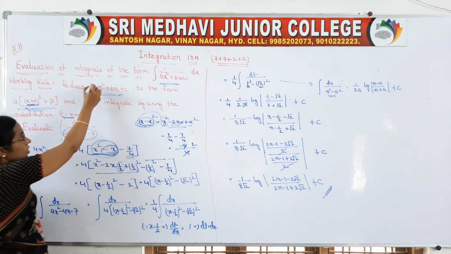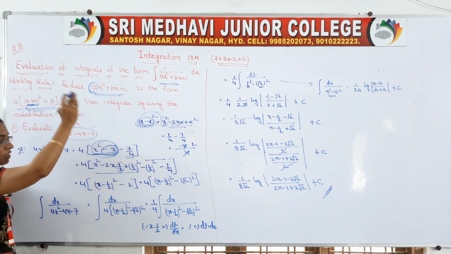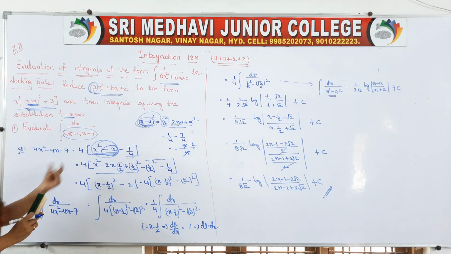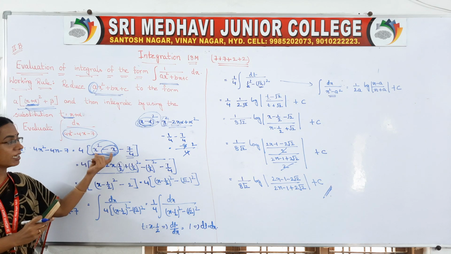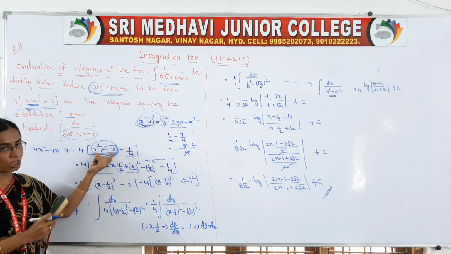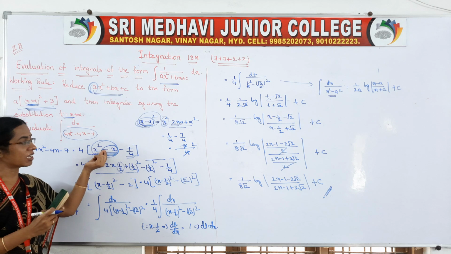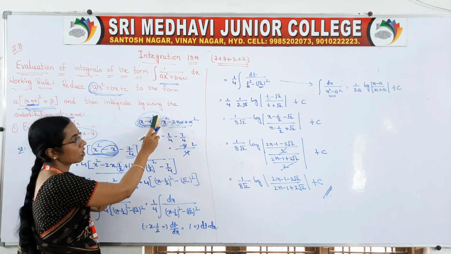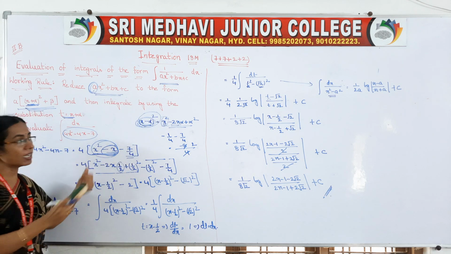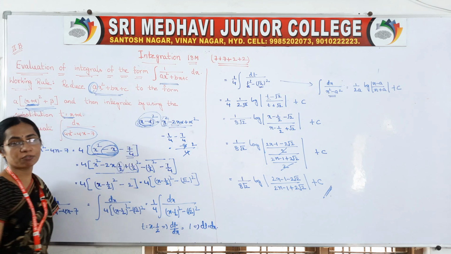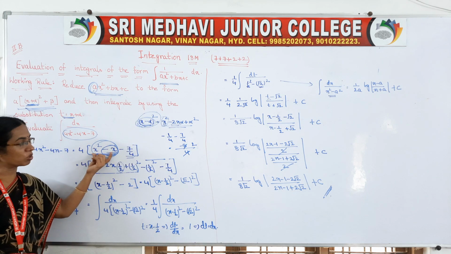How can we reduce? First you take the coefficient of x square outside. Then from the first 2 terms only we have to get x minus alpha whole square if the sign is negative, or x plus alpha whole square form if plus. We have to get it from these 2 terms.